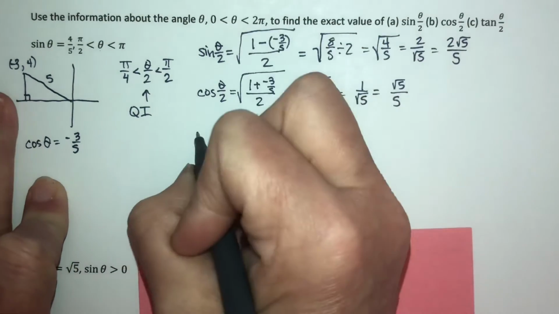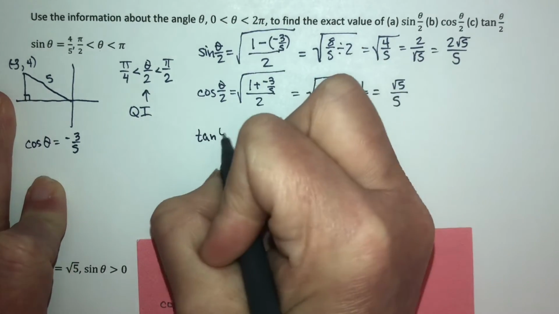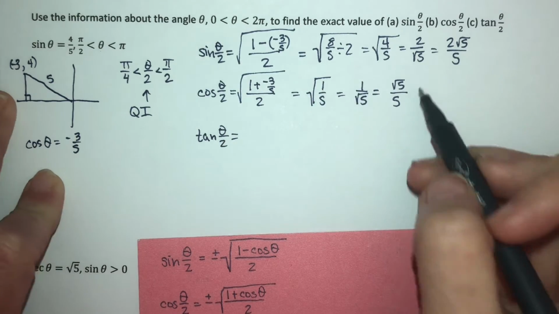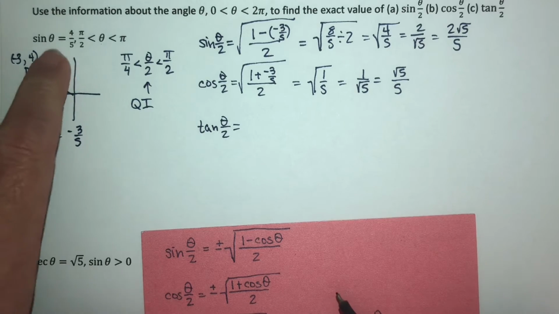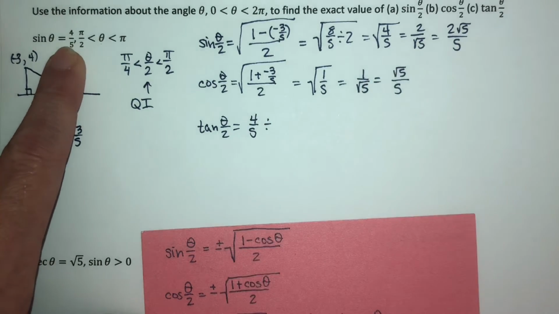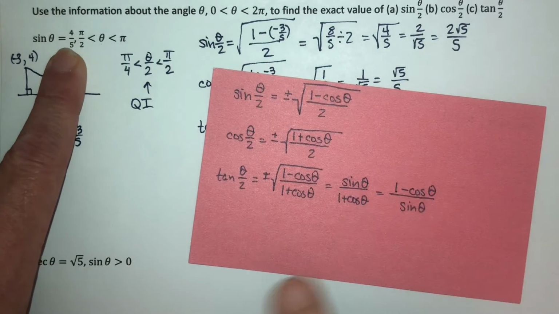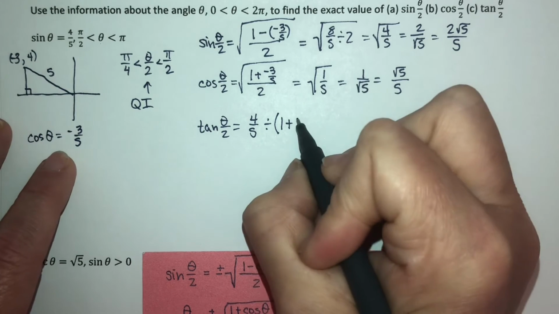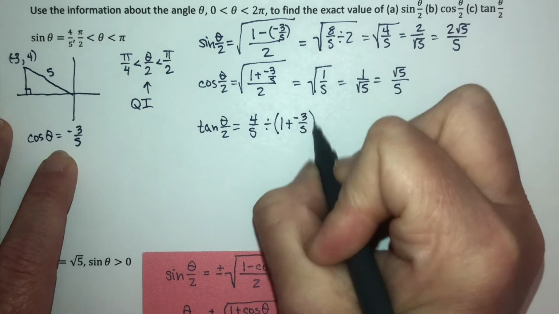Okay, so tangent of theta over 2 will be sine of theta, which is 4/5, divided by 1 plus cosine of theta. 1 plus cosine will be 2/5.